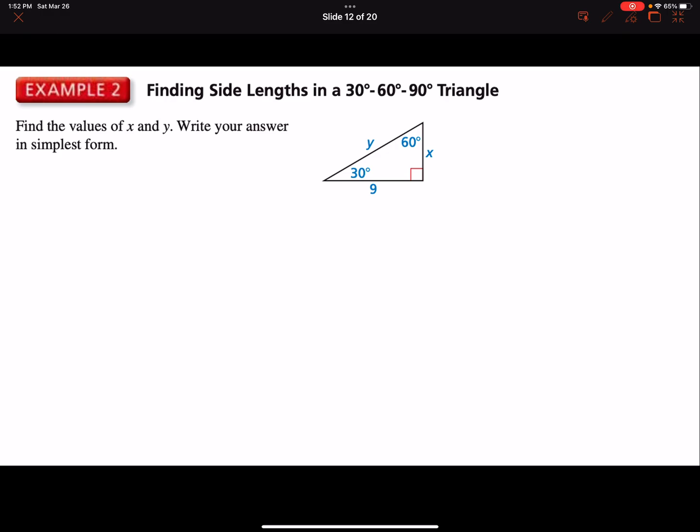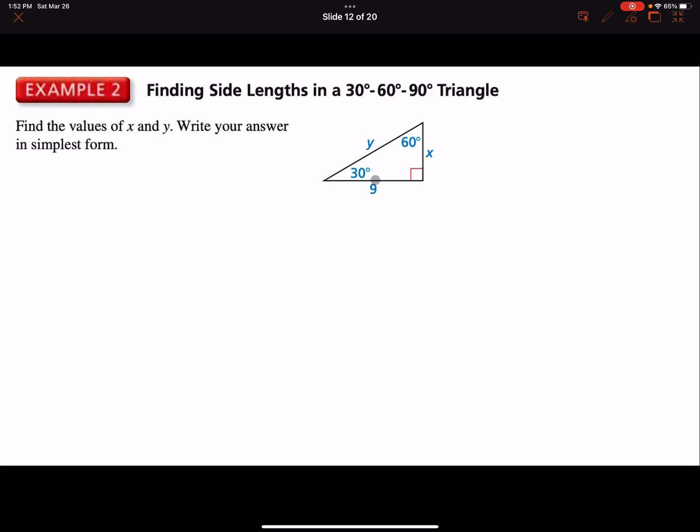Finding side lengths in a 30, 60, 90 triangle. This says find the values of x and y. Write your answer in simplest form. So if I'm looking at this, I see I've got 9. 9 is my longer leg, and I know that because it's across from the 60-degree angle.